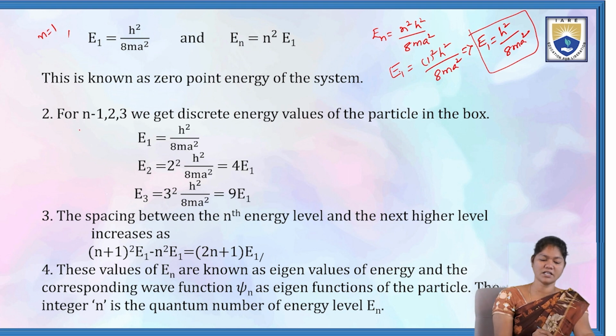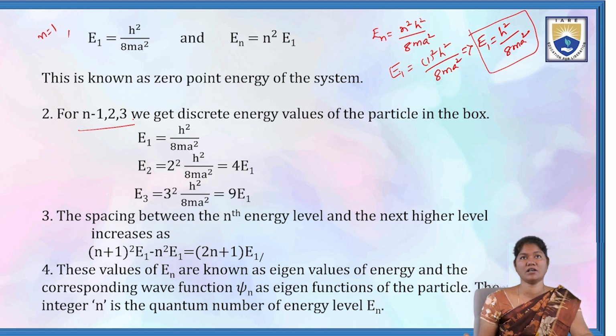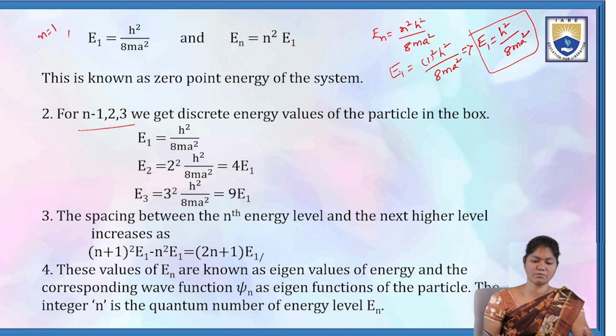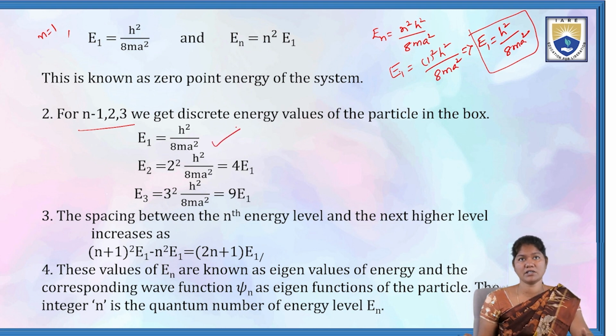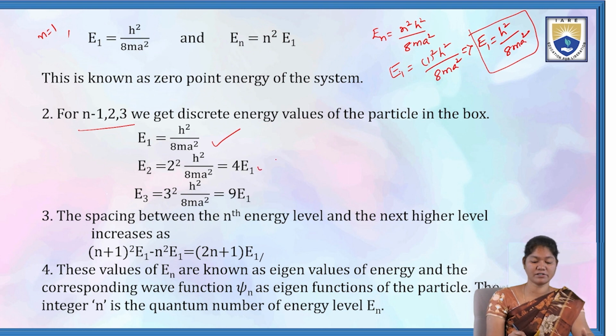So for n is equal to 1, 2, 3, we get energy values of the particle in the potential box. So E1 is equal to h square by 8ma square. E2 is equal to 2 square, n square means n is 2, so substituting 2 instead of n, E2 is equal to 2 square h square by 8ma square.